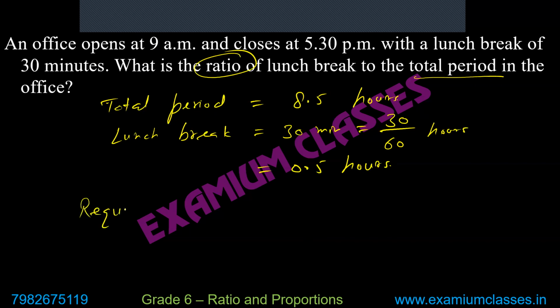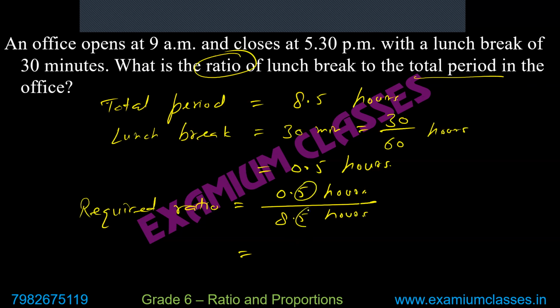The required ratio will be lunch break, that is 0.5 hours, divided by total 8.5 hours. You see, after decimal, we have just one digit. In this case, it is 5, but it can be 5, it can be 6.